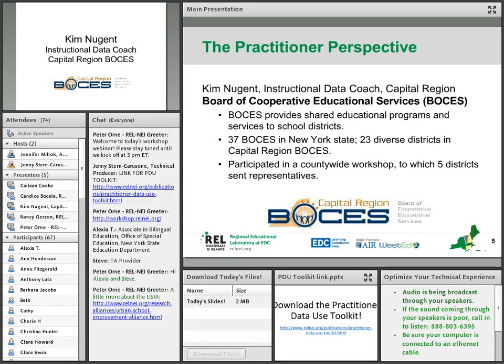It could be anywhere from analyzing state test results, doing some work with third-party testing. I do a lot of work with NWEA data, and working on trying to come up with formative assessments, or just better assessments in general, and analyzing the data associated with those assessments, creating data teams, working with PLCs.